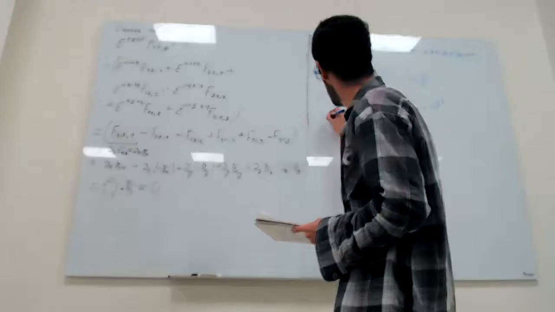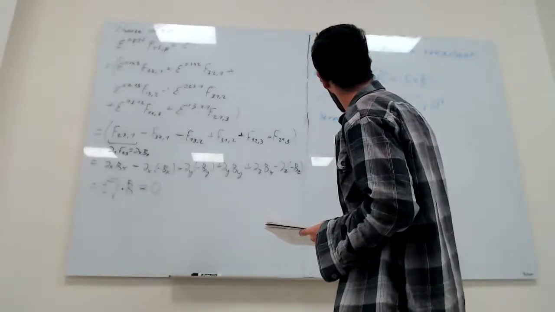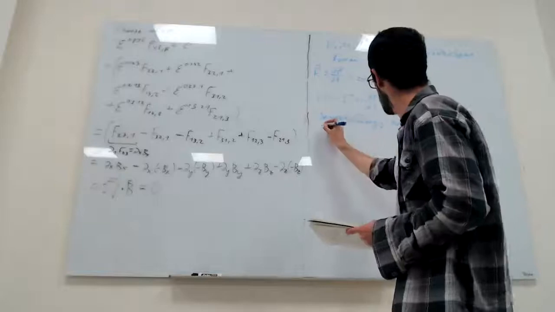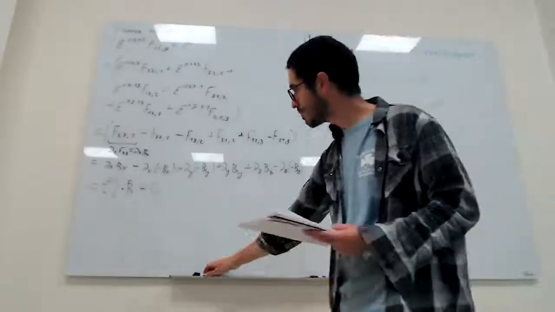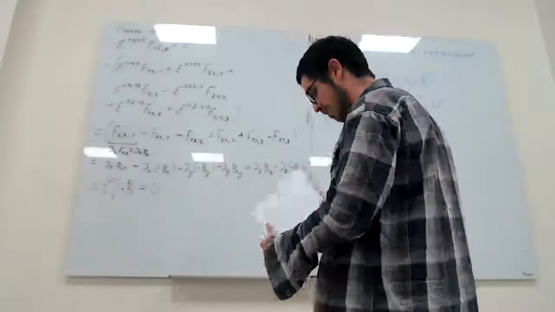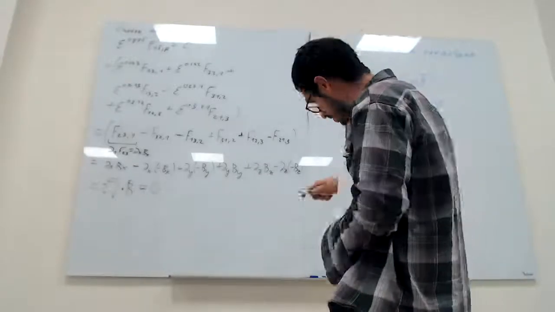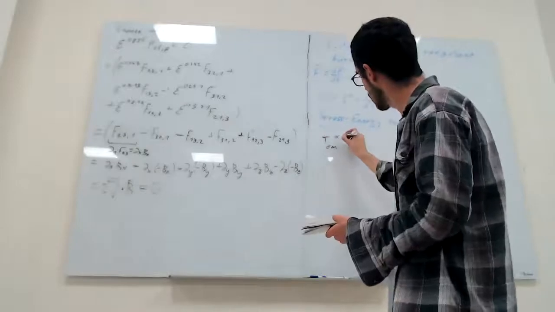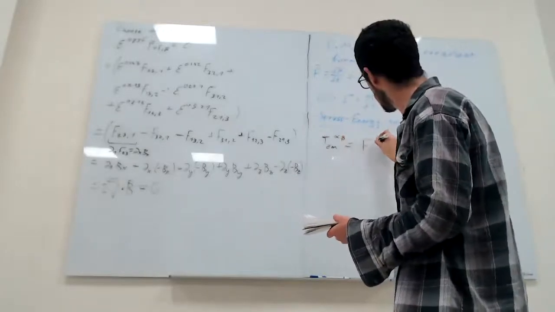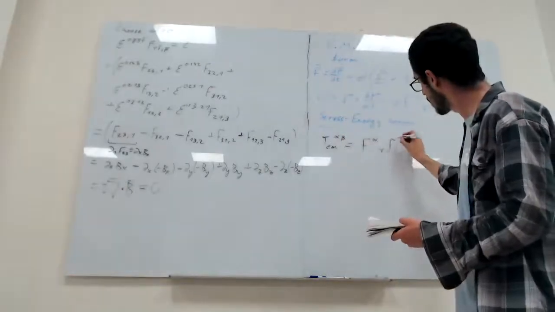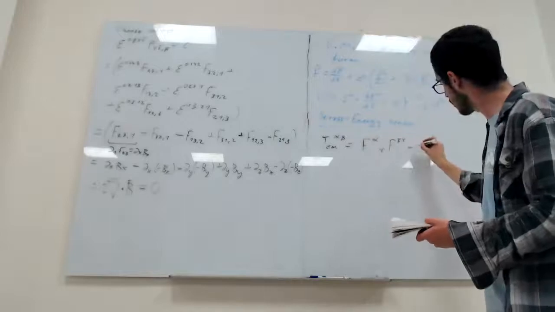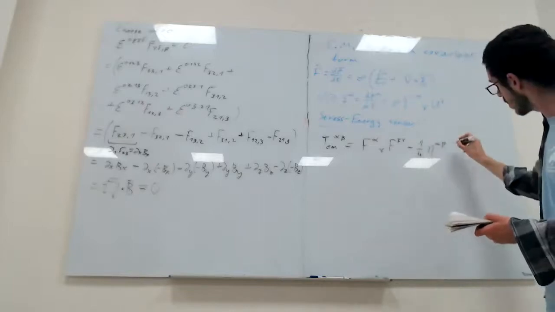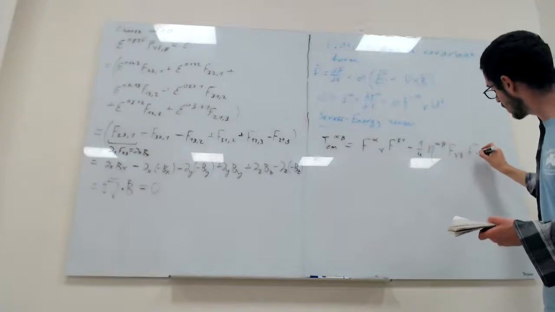And we have the stress energy tensor. T alpha beta equals F alpha gamma F beta gamma minus 1 over 4 eta alpha beta F gamma delta F gamma delta.